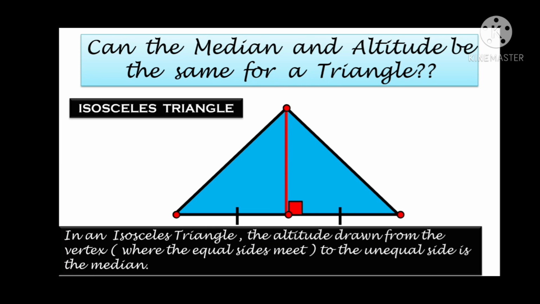So the altitude that is drawn from the vertex to the opposite, that is the unequal side, will be called the median. So in an isosceles triangle, the altitude that comes from the vertex to the unequal side will be called the median.